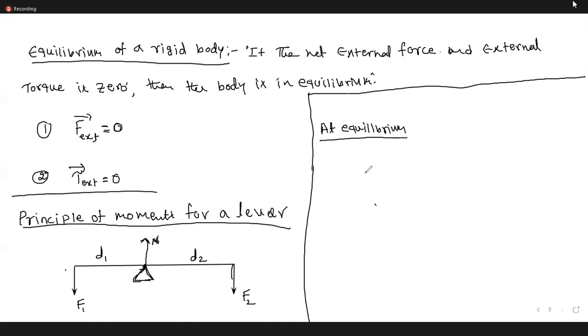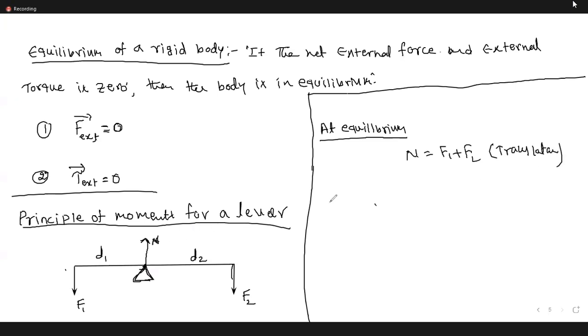So equilibrium. This is translational equilibrium.